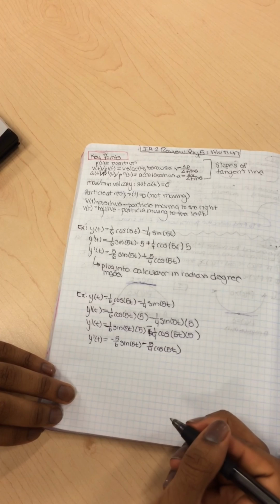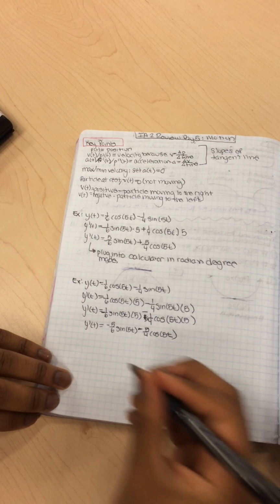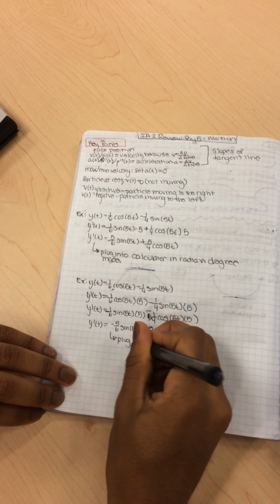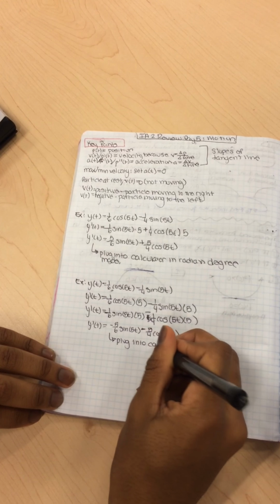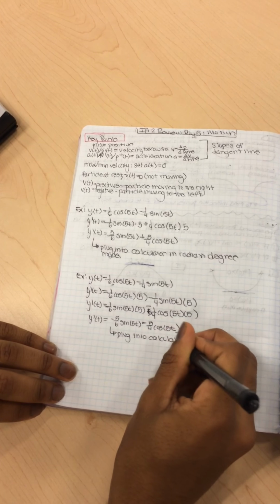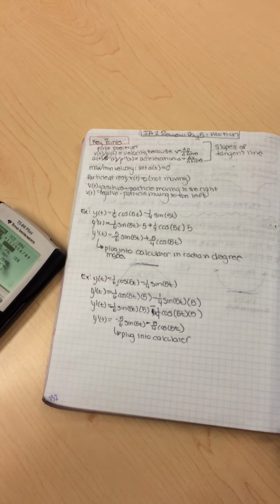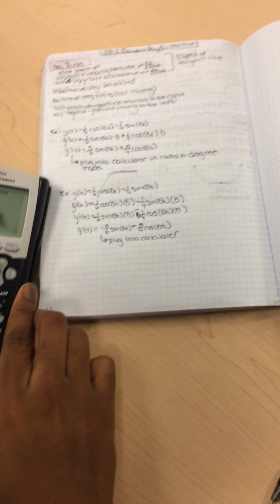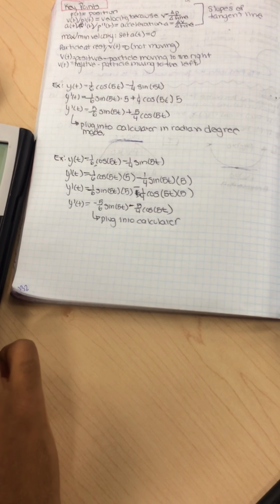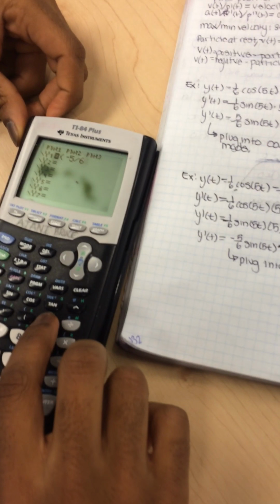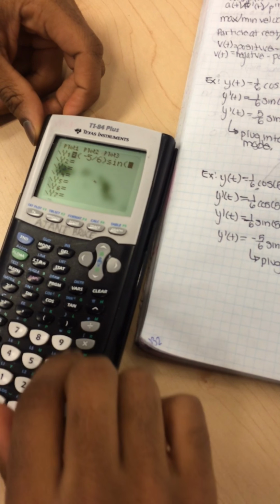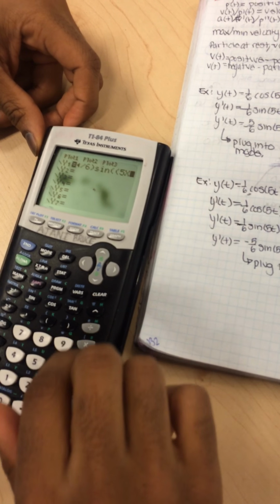And I believe this is the derivative, so we had to plug this into the calculator. And remember that you set the mode to radian. Good, great. So negative 5/6. Notice how Ajani is putting that coefficient in parentheses. Sine 5x.